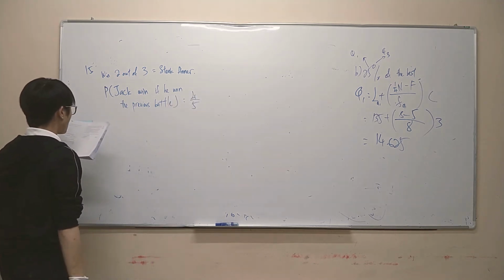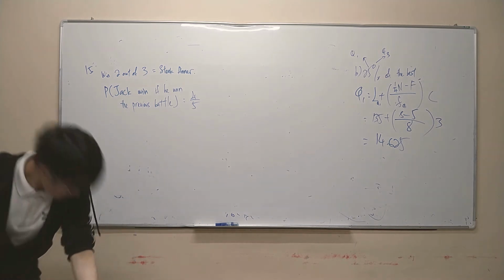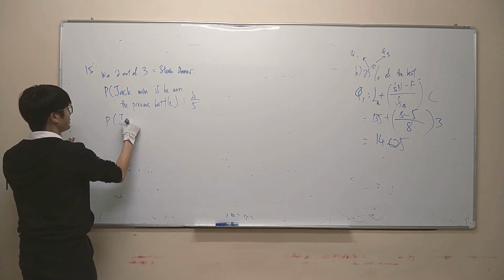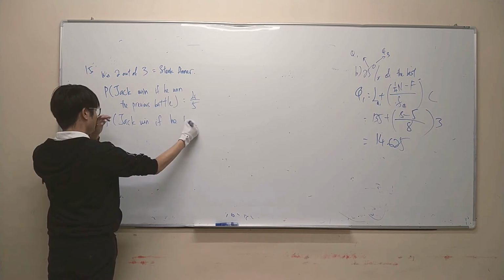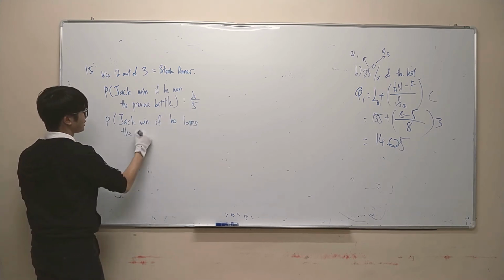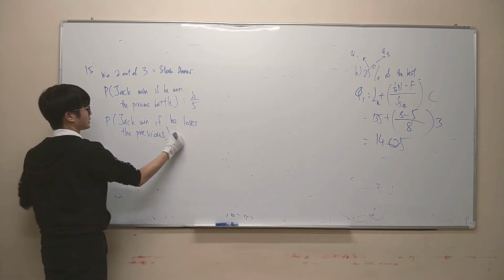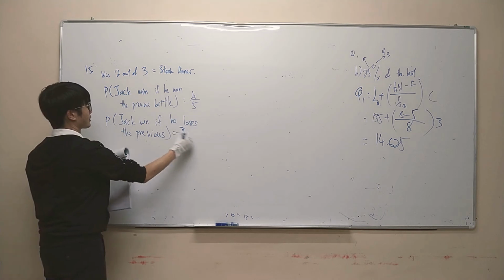And if he lost, the probability is 3 over 5. The probability of Jack winning if he loses the previous game, how much really? I forgot. It's 3 over 5.